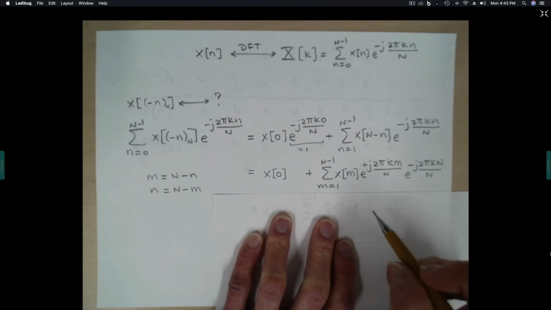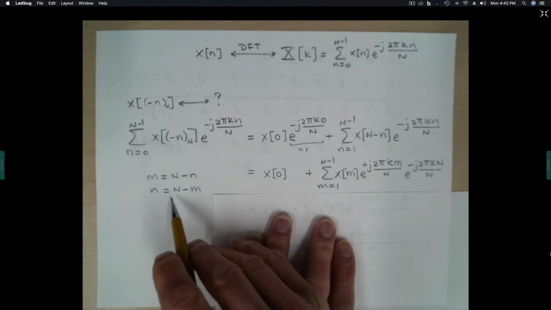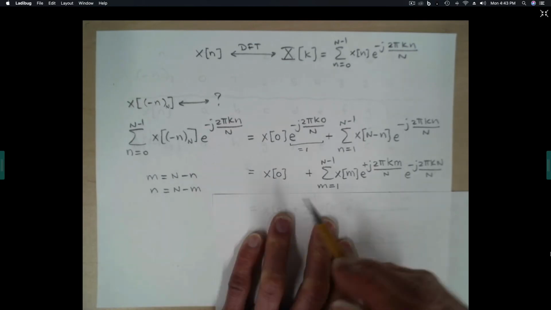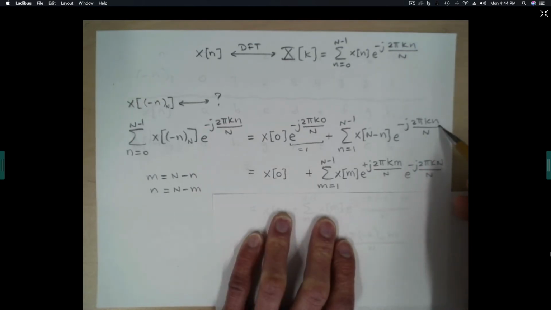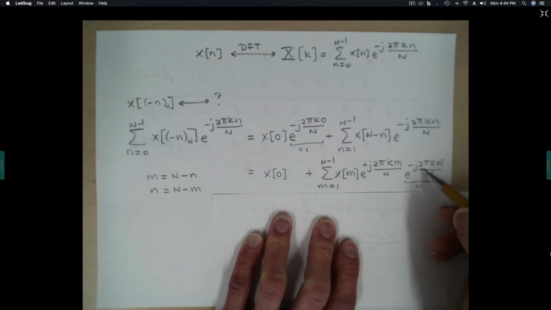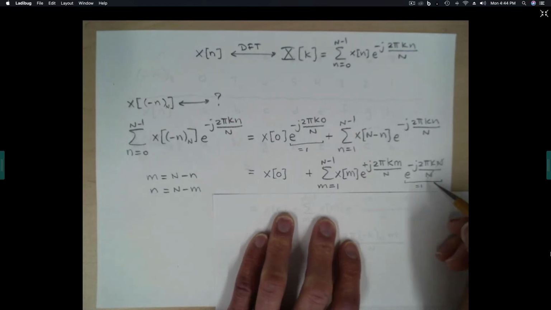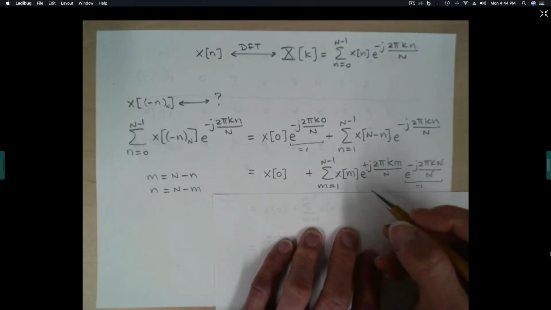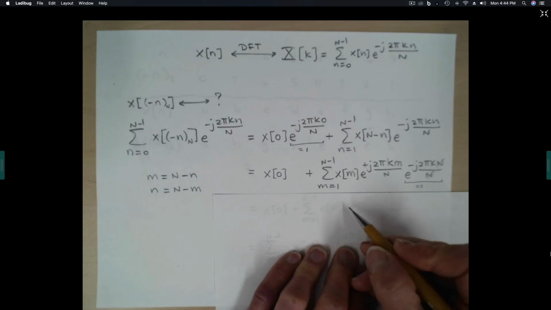And then if we solve for little n, we get big N minus m. If we substitute that into the exponent, we get two terms. This term, which we recognize as being equal to 1. Why is that? Well, it's e to the j 2 pi times an integer, so that's equal to the real number 1. And then we have this extra term.